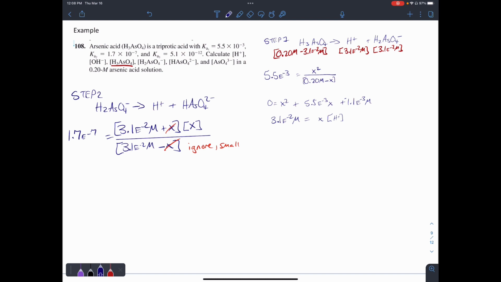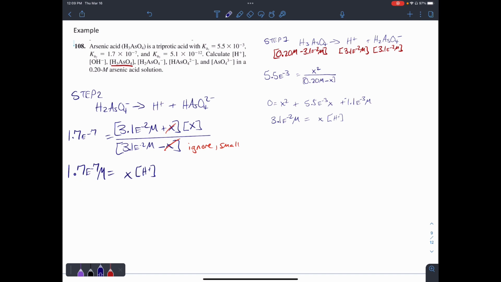The first hydrogen didn't pass the 5% rule, but successive hydrogens for a weak acid will almost always pass the 5% rule, and it helps to make the math so much quicker. Check this out. We've got the exact same number in the numerator and denominator, so it's really just X equals, again, what is X?